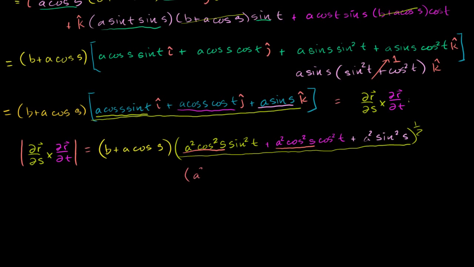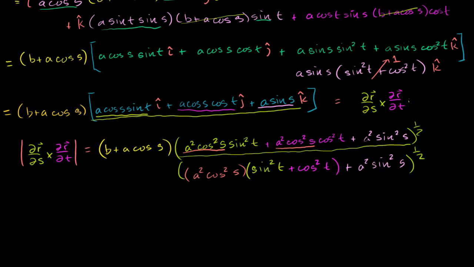So this is going to be a squared cosine squared of s times, in parentheses, sine squared of t plus cosine squared of t. Then you're going to have this plus a squared sine squared of s. And of course, all of that is to the 1/2 power.